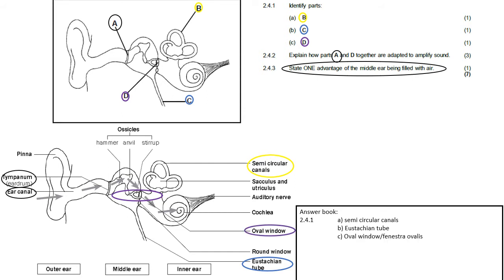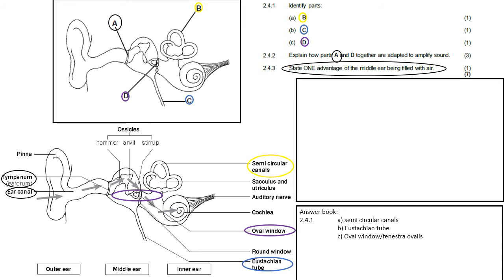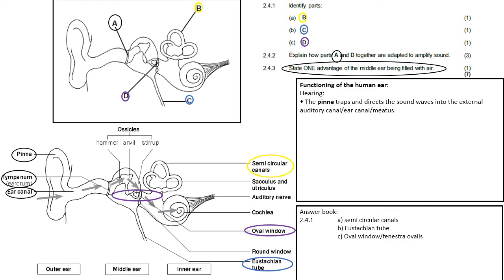And part D is the oval window, or the fenestra ovalis. Here is a brief revision of how hearing occurs in human beings. I'm not going to commentate on it. We'll go through the answer together.